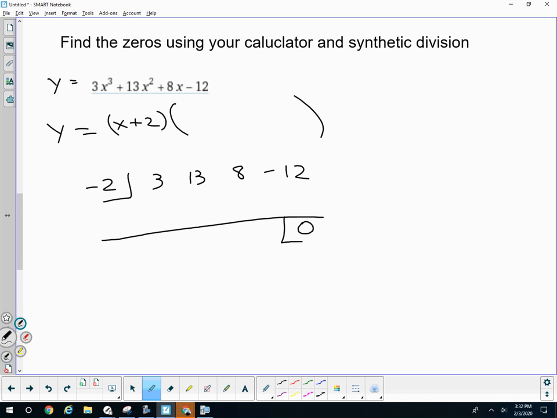Does it matter what x you pick? No, it does not matter which one we pick first. Of course it works. I know it works. I graphed it. I know this is a factor.